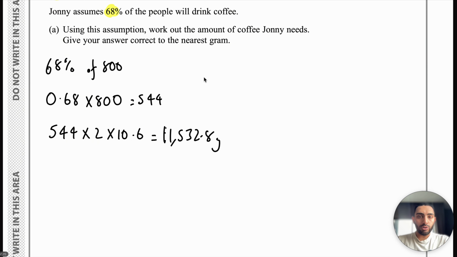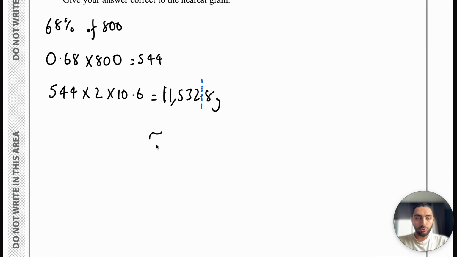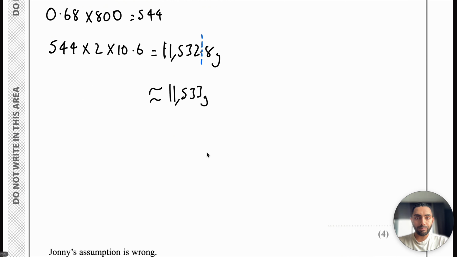It wants the answer correct to the nearest gram, so I'm going to look where the decimal point is, and I'm looking at the first digit after that. If it's 5 or above, I'm going to round up, and if it's 4 or below, I just let everything go. Because it's 5 or above, I'm going to round this one up, and it's going to become 533. So it would round to 11,533 to the nearest gram.